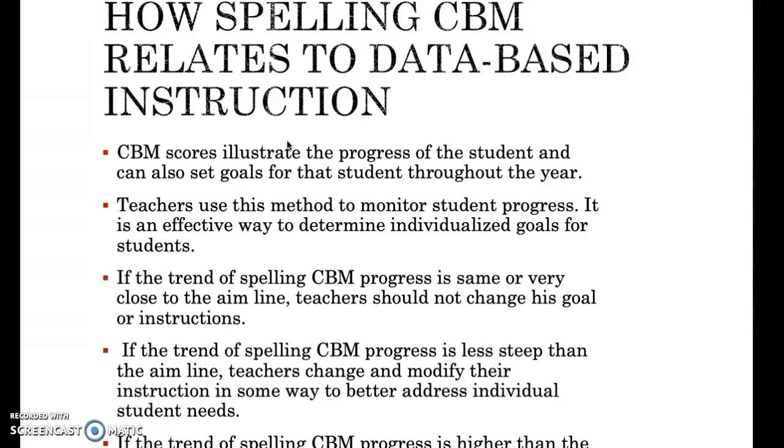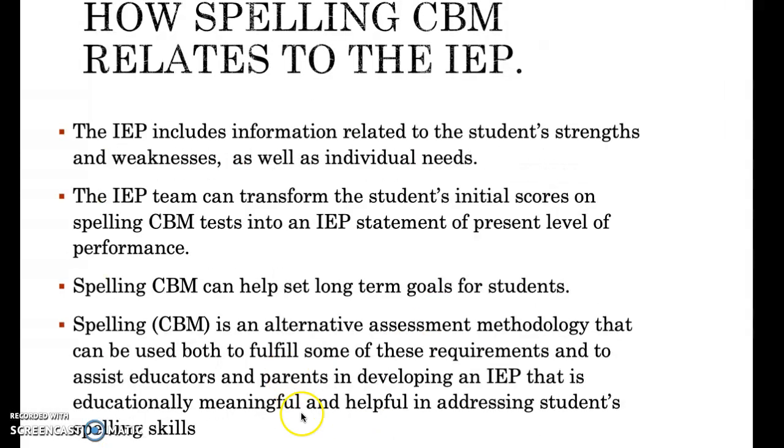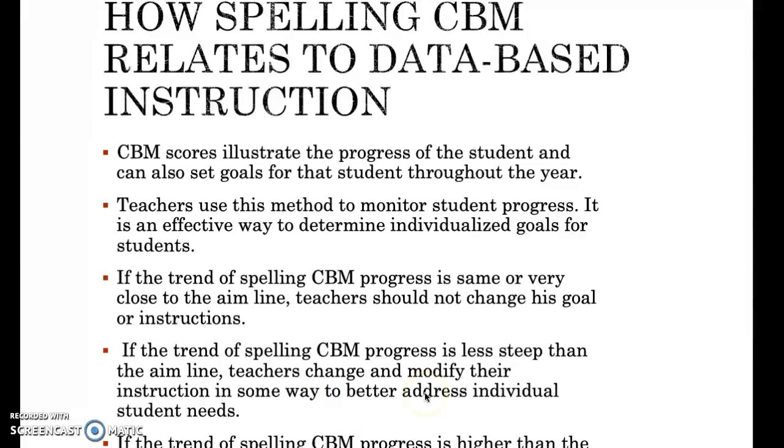If the trend is less steep than the aim line, teachers change and modify the instruction in some way to better address individual student needs. And if the trend of spelling CBM is higher than the aim line, teachers can make the final goal more challenging.